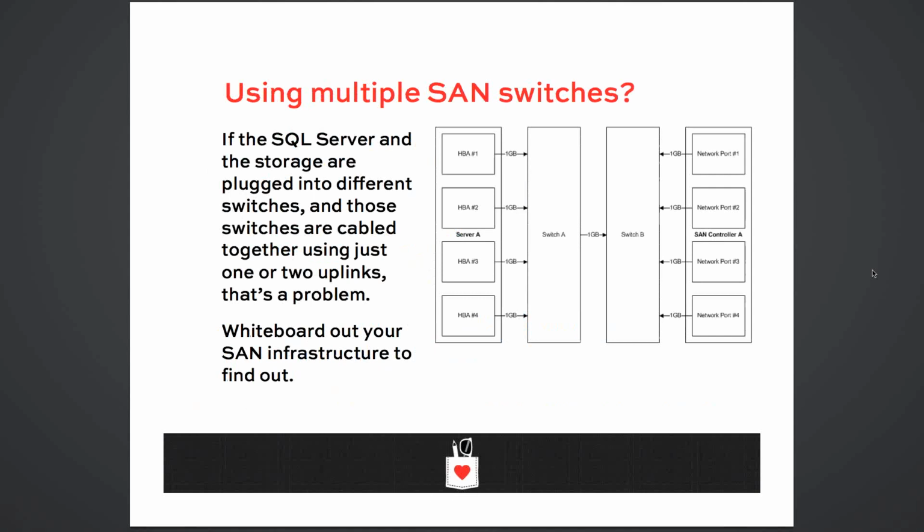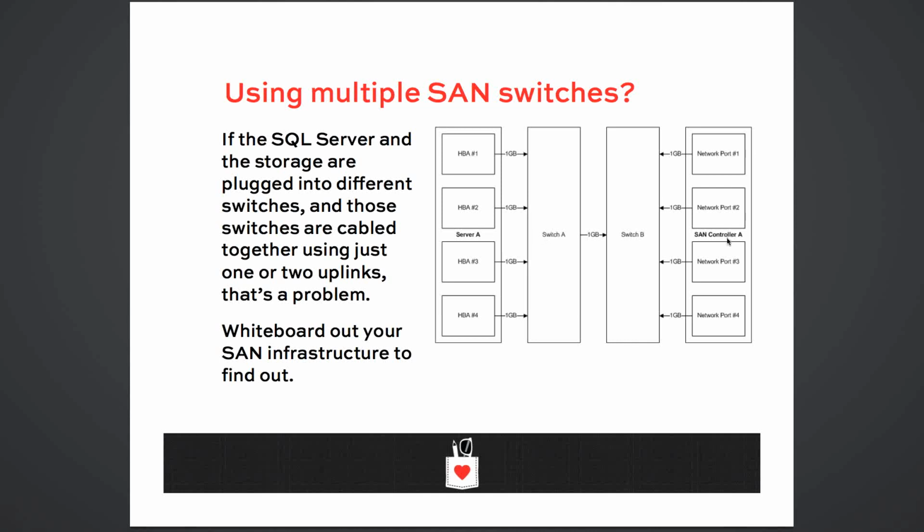It can get even worse if you're using multiple SAN switches. On the left-hand side of this diagram, I've got a single SQL Server with 4 host bus adapters plugged into it, each of which has exactly 1 gig of network throughput going out to the SAN. All 4 of those are plugged into the same network switch.